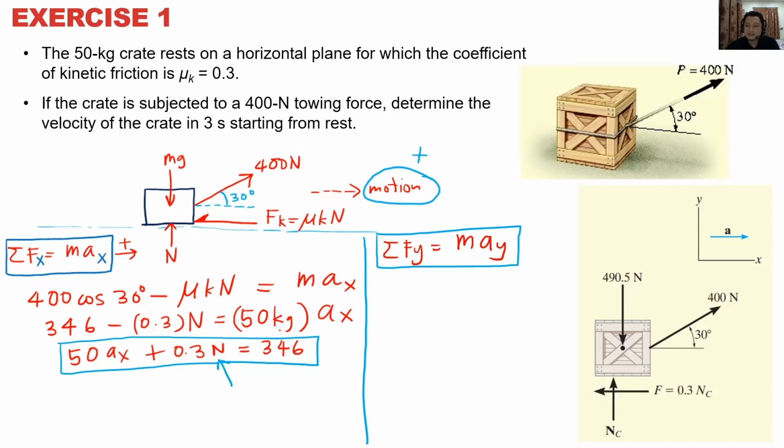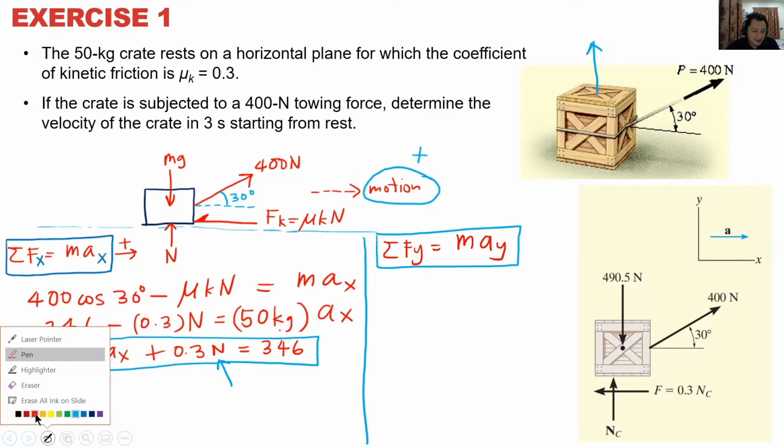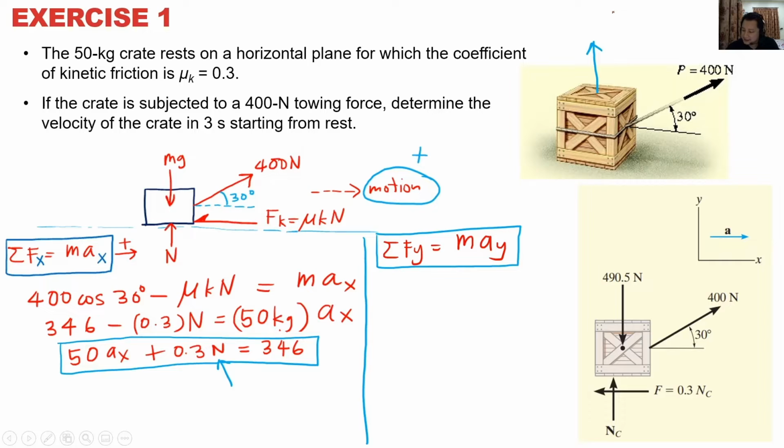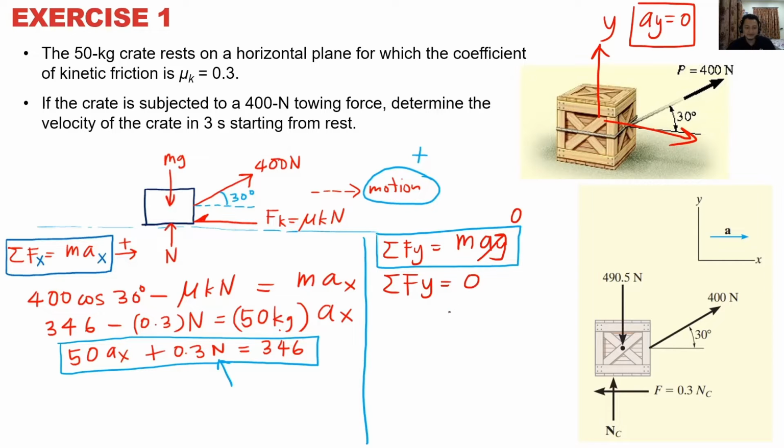The good thing is, you know that this box is not going to travel up. It's not going to fly, basically. The box is just traveling this way, not up in the y direction. So ay is definitely equal to 0, because there is no motion going up. So your equation becomes summation Fy equals 0.